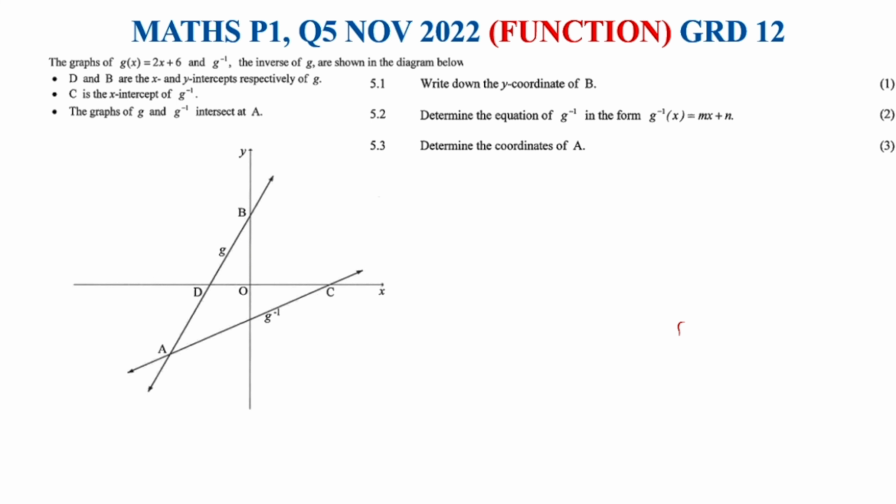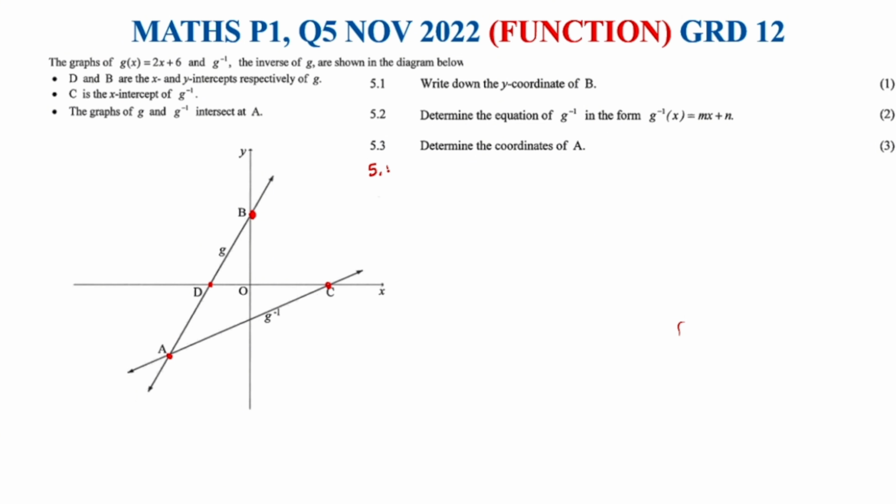D and B are the x and y intercepts respectively. So we've got D here, which is our x-intercept, then we've got this one here, our y-intercept. And then on the inverse, C is an x-intercept, and A is the point of intersection between the two graphs. Okay, all right, so let's go ahead.